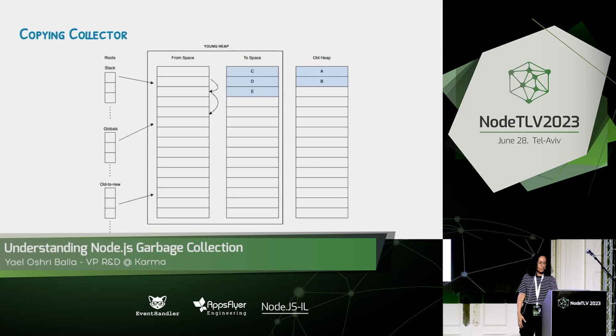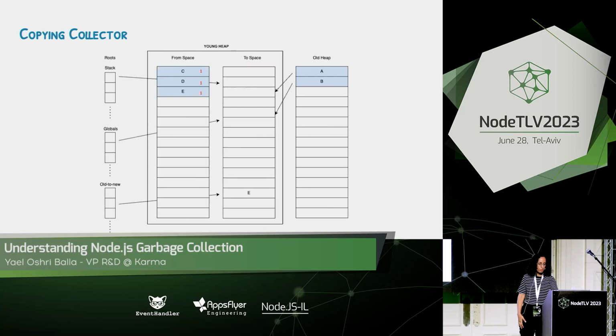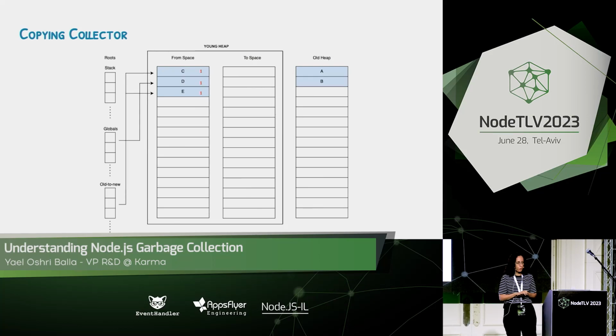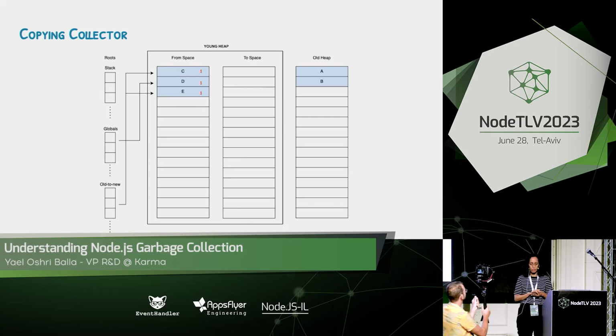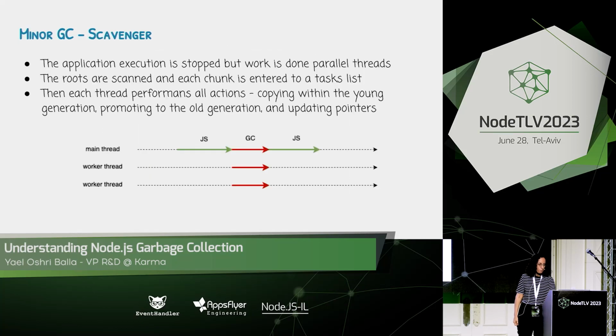Now the copy collector switches between the to space and the from space. The only thing left is to update all the pointers to point to the right location of the objects, and we are back to square one, where we have all the objects allocated in the from space and the to space is kept empty.